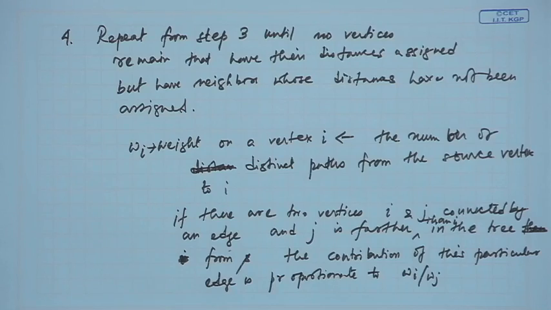What you find out is what fraction is going through i and how much of it is going through j. That is expressed by the fraction Wi by Wj.